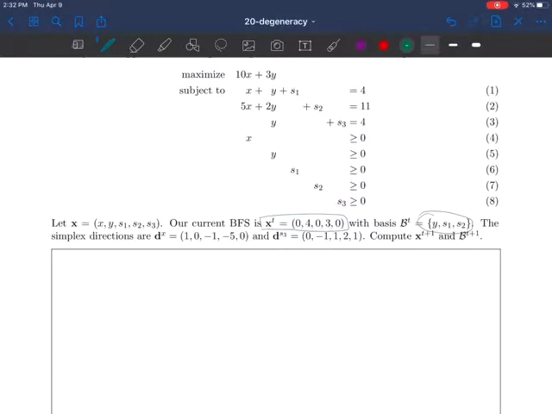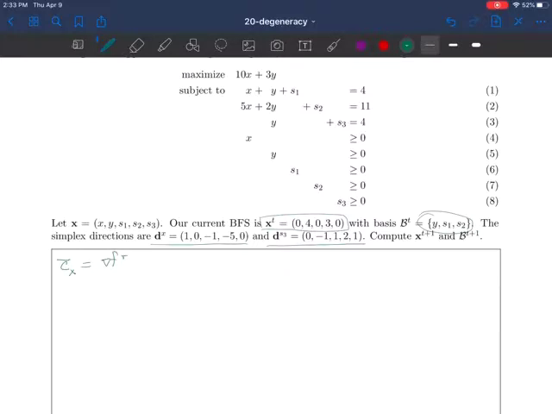And then the simplex directions, which are given, right, we have three variables that are basic, 5 total variables. So we then therefore have 2 simplex directions. And we want to compute x of t plus 1 and xb of t plus 1. So we've really started in the middle of an iteration.